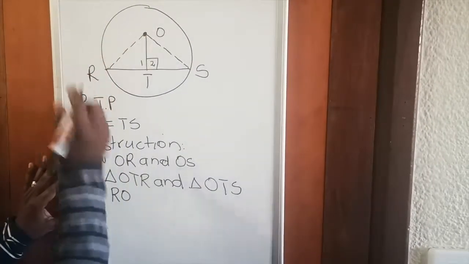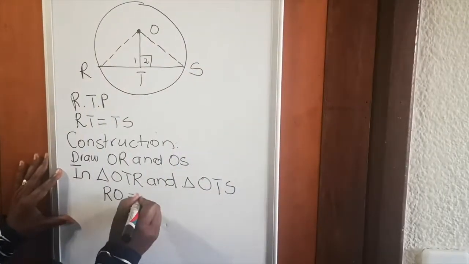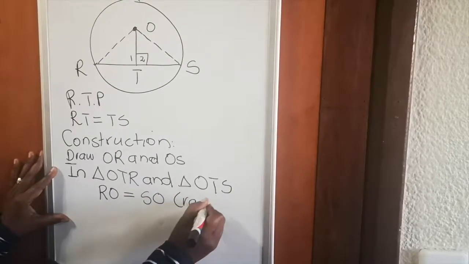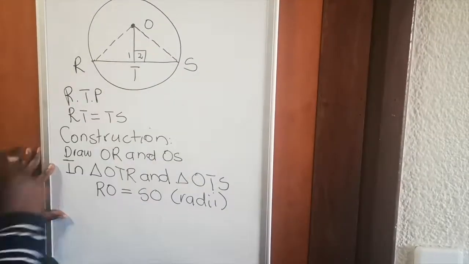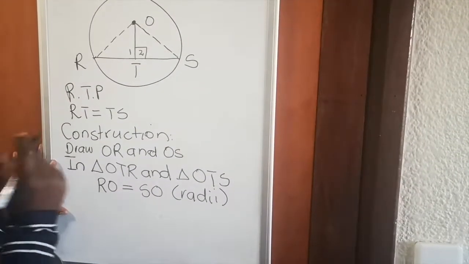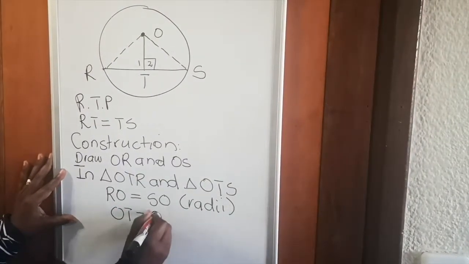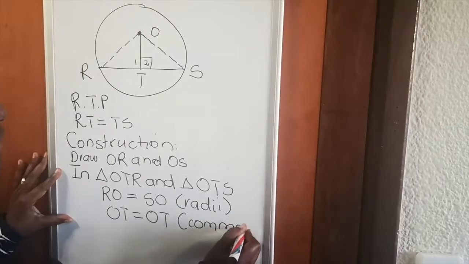RO in this triangle is equal to OS in the other one, or we can say SO. The reason: radii, because both of these lines are radii. Then we have line OT is equal to OT. The line is common. It's the same line for both triangles.